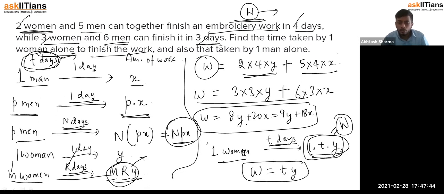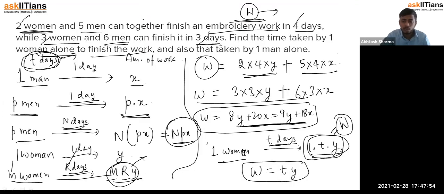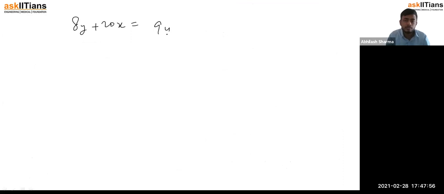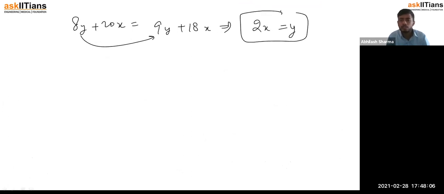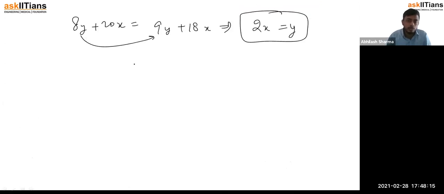Okay. Now, from this equation, let's see what we are getting. 8y plus 20x is equal to 9y plus 18x. Obviously, this goes here, it becomes only y, and here 20x minus 18x is 2x. That's what we are getting. Now please understand this carefully: all of this was equal to W also, right?